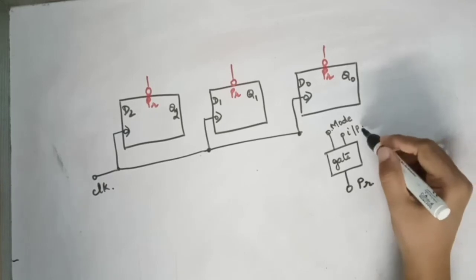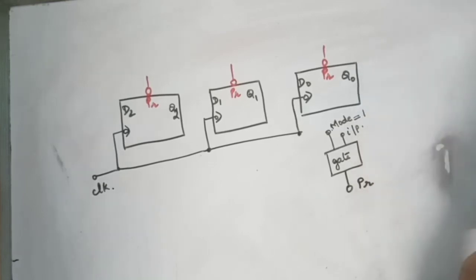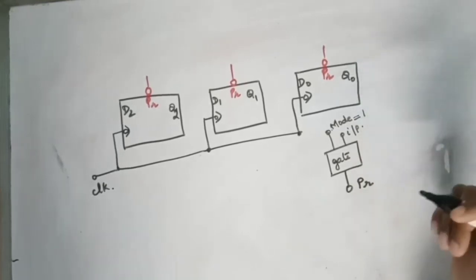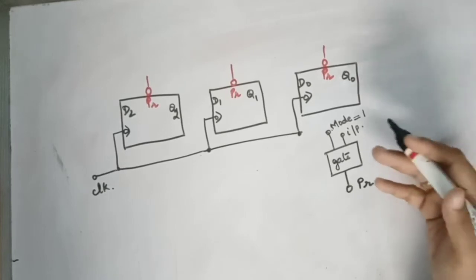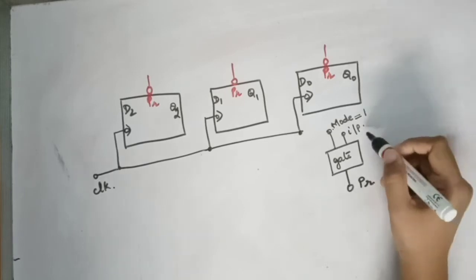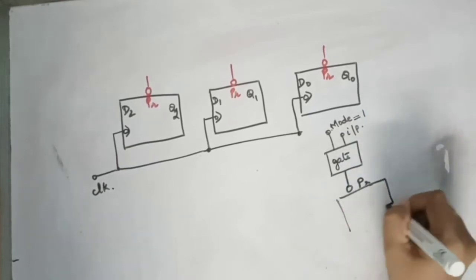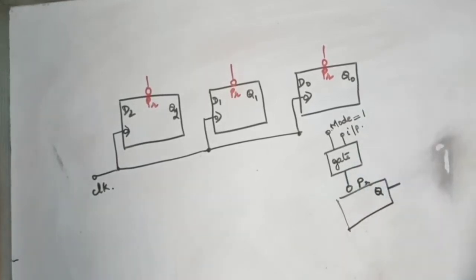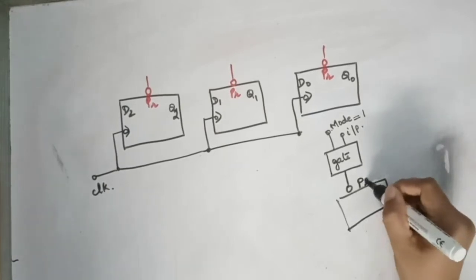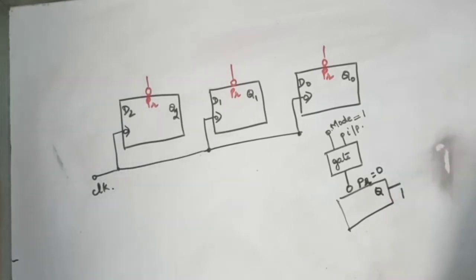If the mode is equal to 1, that means we are going to load the input in parallel, so whatever the input is should come to the Q. We know that if preset equals 0, Q will be 1. Preset equal to 1 means Q won't change; it is the same as the previous.